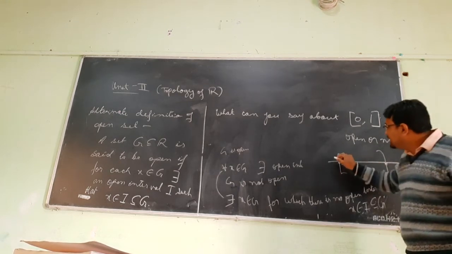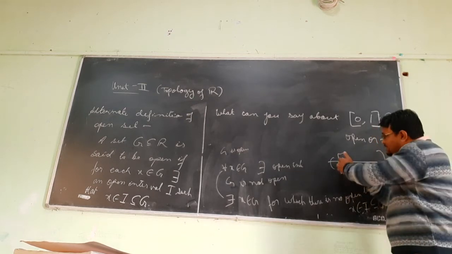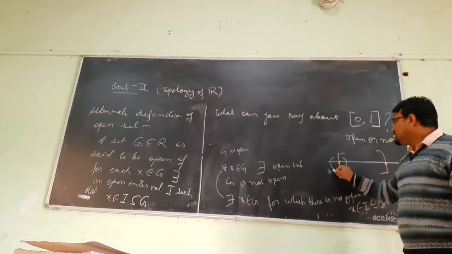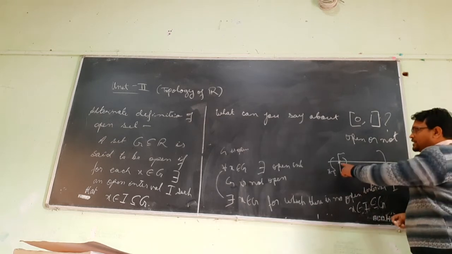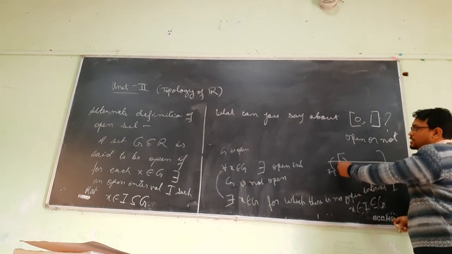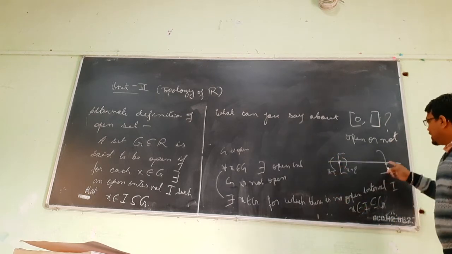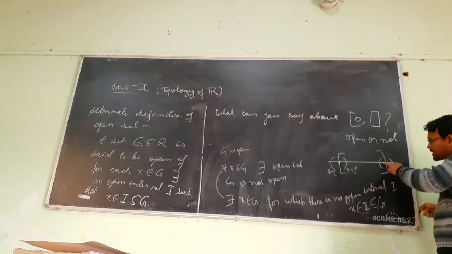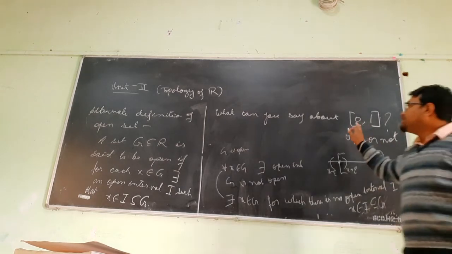If we take any interval containing 0, x minus epsilon to x plus epsilon, it will always contain some points which are outside the set, less than 0. Any open interval containing 1 will have some points which are greater than 1. So that's why it's not an open set.